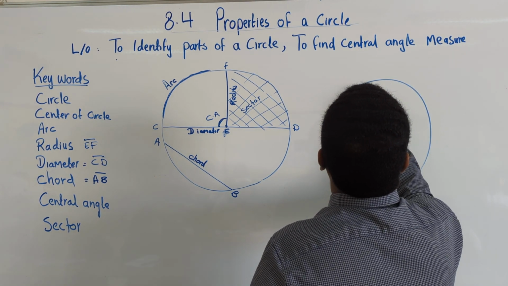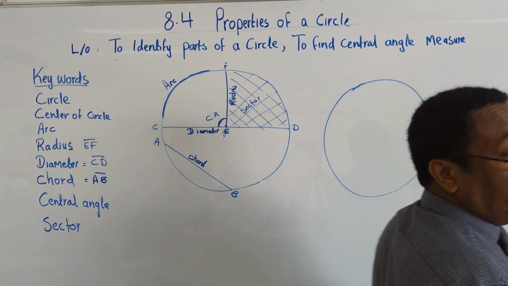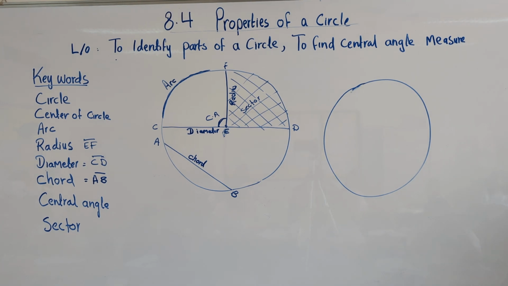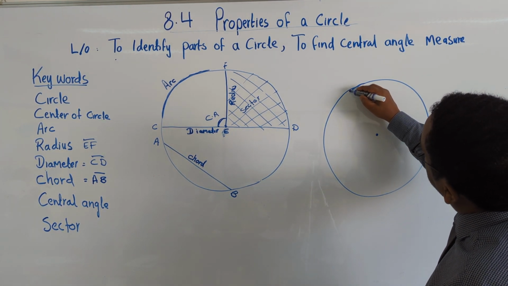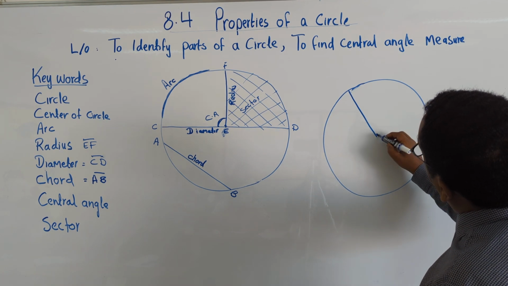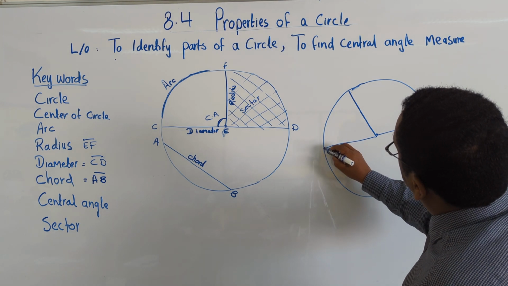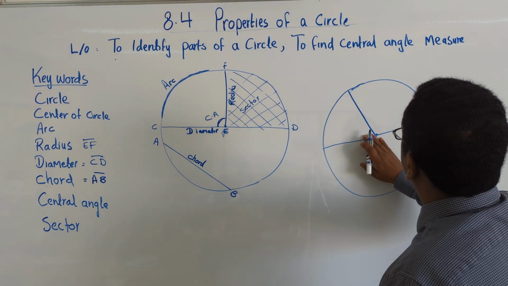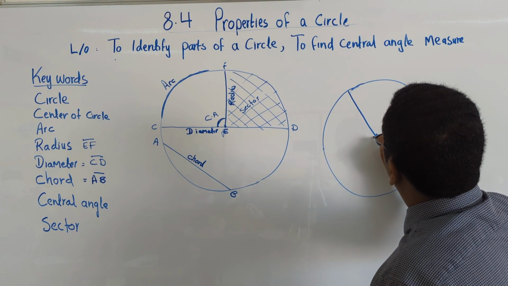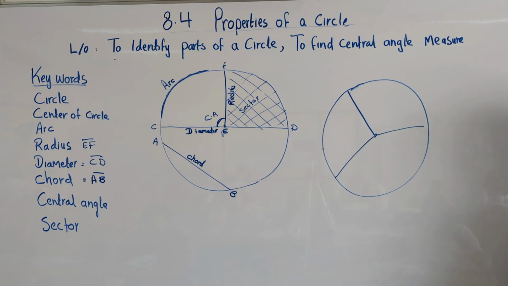So for example, if we have a circle, and let's say this is roughly, it's not exact data, but I'm just using it as an example. If we divide this into 3 parts, this is our center, and we use one here, and another one here. Those are 3 different sectors.